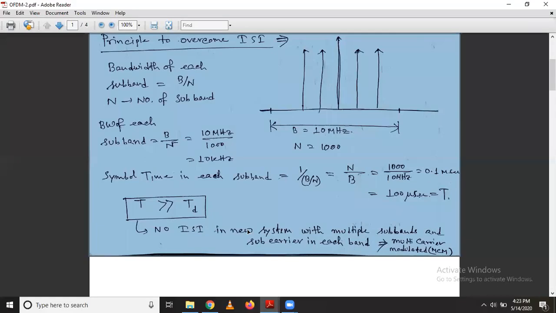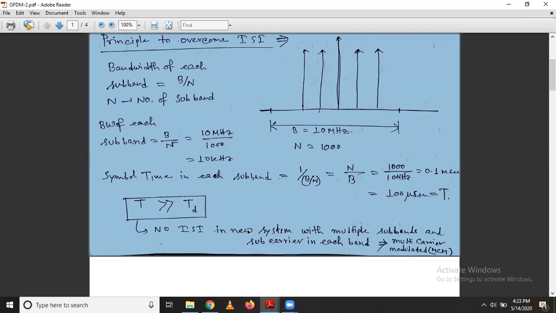How do we achieve this? By dividing the whole bandwidth into some subbands. That is why the word frequency division came in OFDM. OFDM means orthogonal frequency division multiplexing.